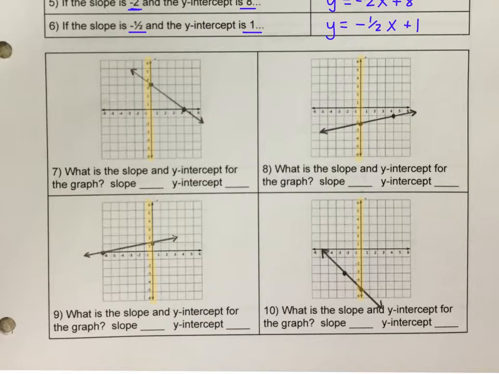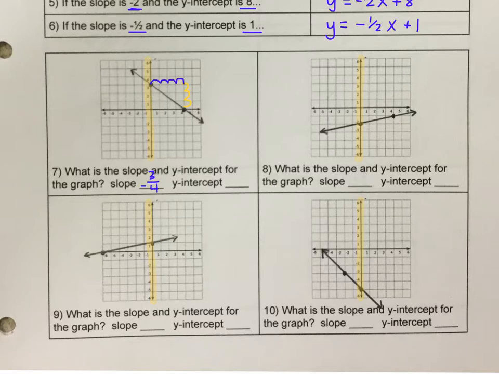Okay, let's look at these graphs and figure out what our slope and y-intercepts are. When I look at this graph, to get the slope, remember we rise over run. 1, 2, 3. So we rise 3. And we're going to run 1, 2, 3, 4. We ran negative 4.